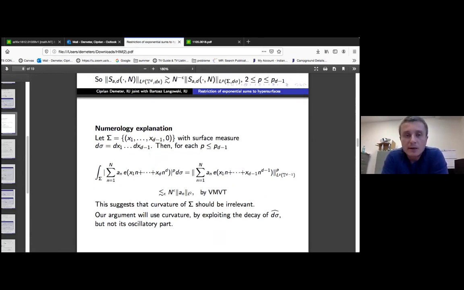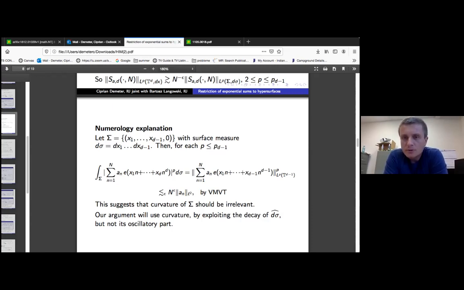Let's have a look at the case when the hypersurface sigma is equal to a hyperplane, the horizontal one. The surface measure is d sigma equal to the Lebesgue measure on the d-1 dimensional torus. And then you can rewrite the LP moment on sigma with respect to this surface measure as an LP moment for the same exponential sum, except that now you have dropped the last coordinate, and you're now integrating with respect to this Lebesgue measure.